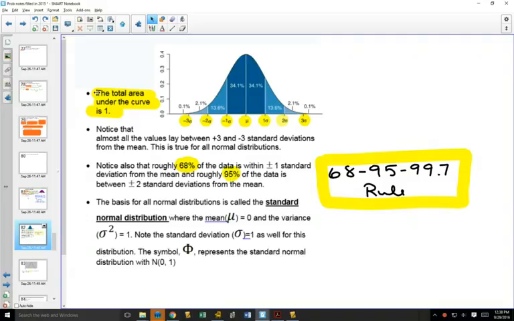Okay? We'll also be looking at something called the standard normal distribution, which instead of writing our mean as whatever it is, like 105, we will write the mean at 0. And then instead of counting up by sevens, we'll just count up by standard deviations.